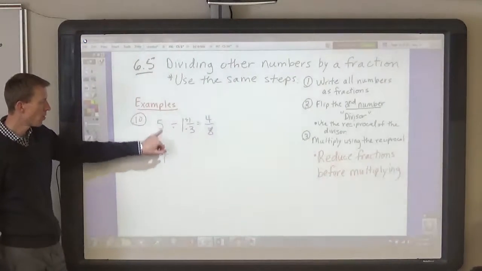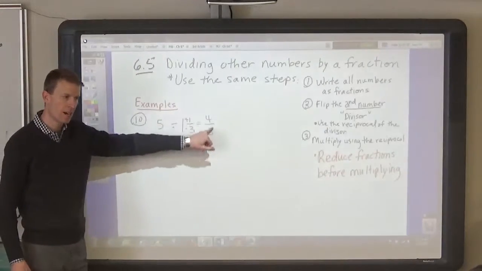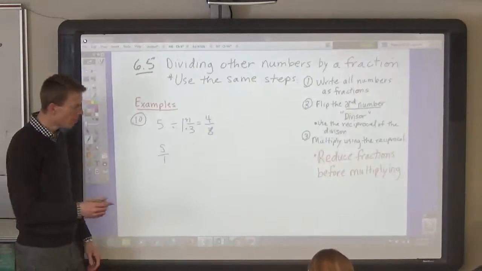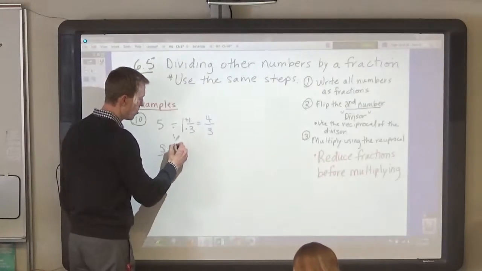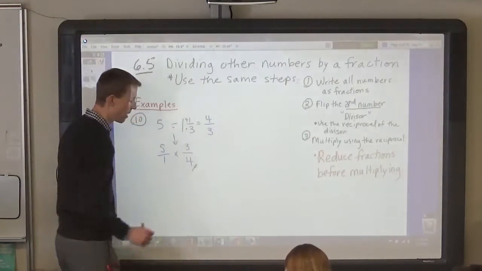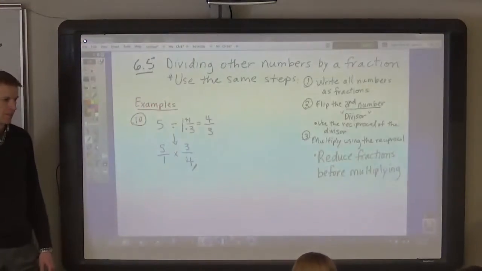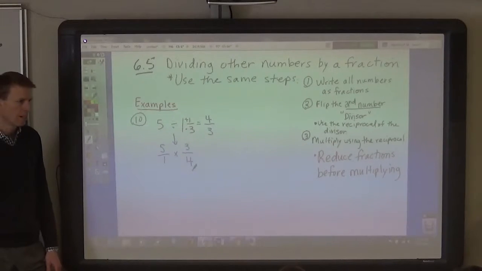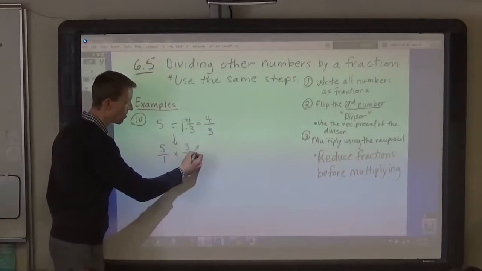See, we use the first number, but we don't use the second number. We use the reciprocal of the second number. Change it to multiplication. Use the reciprocal of the second number. And find the answer.